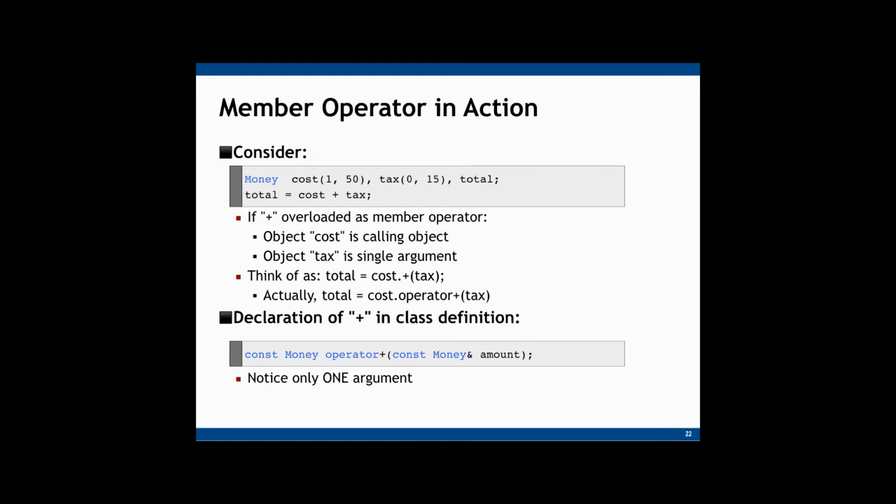So for example, if the plus operator is overloaded as a member function, then in the expression cost plus text here, the variable cost is the calling object and text is the single argument to the overloaded plus operator.